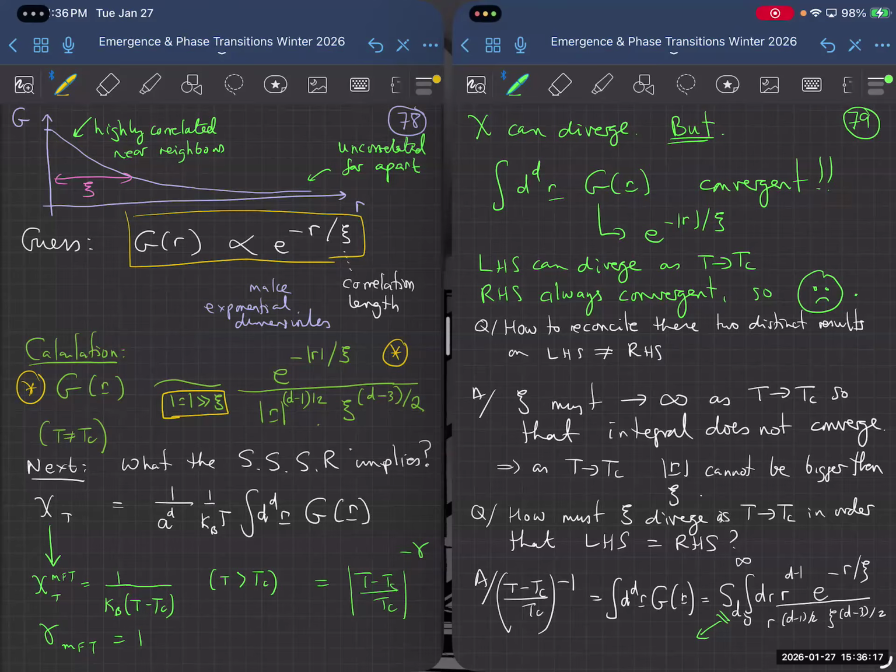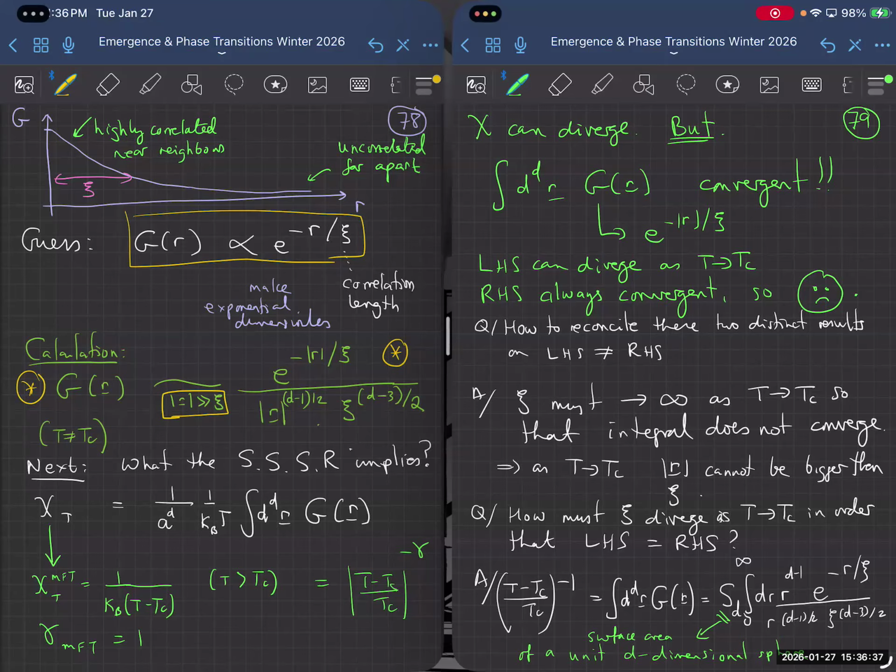So this thing here is the surface area of a unit d-dimensional sphere, a sphere of radius 1 in d dimensions.